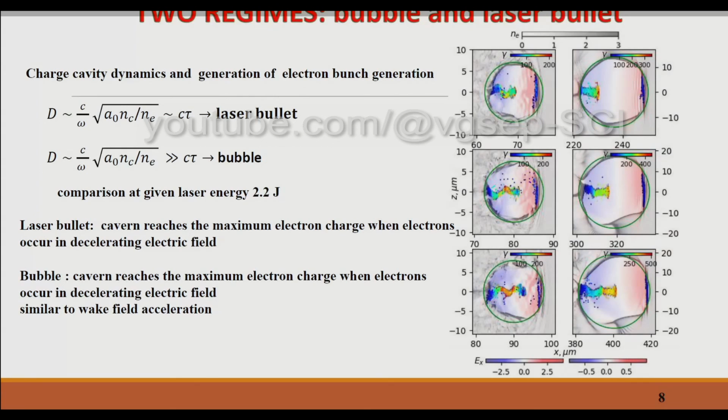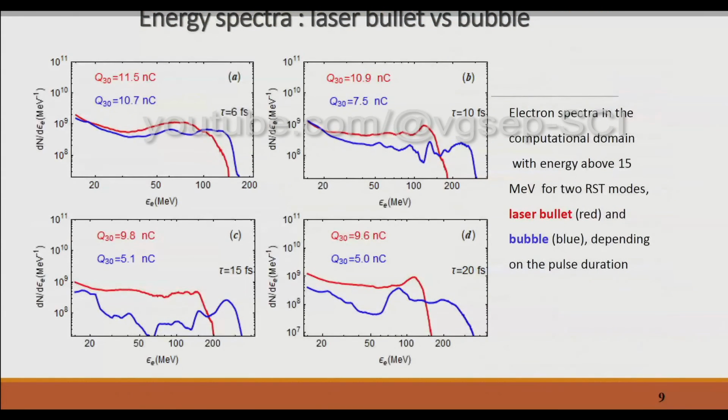In the case of the spectra, for the laser bullet regime we see a plateau-form spectrum, and for the bubble regime we see a trend toward a mono-energetic form.